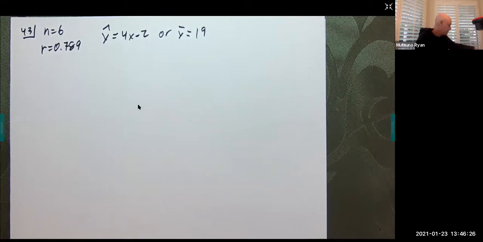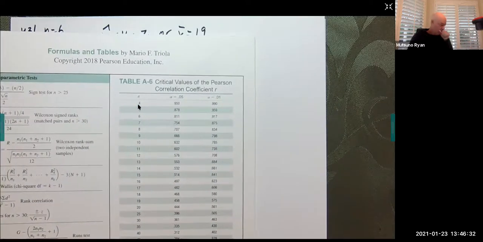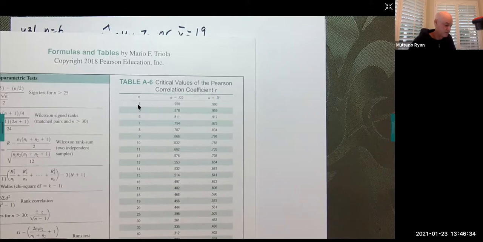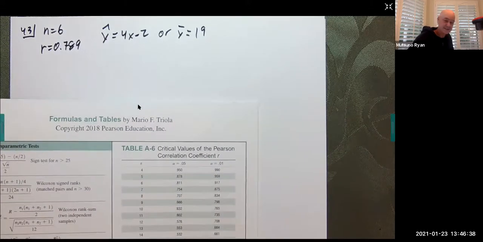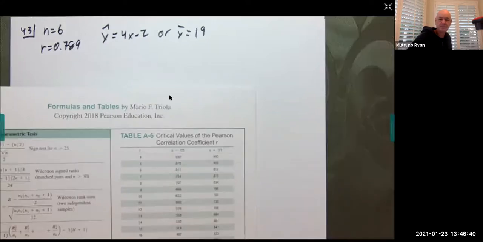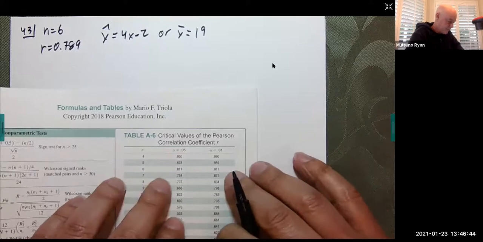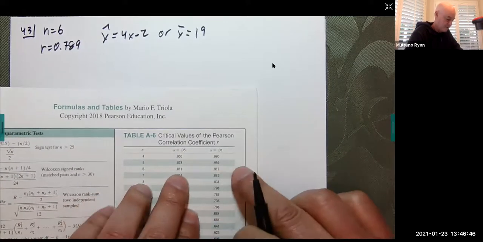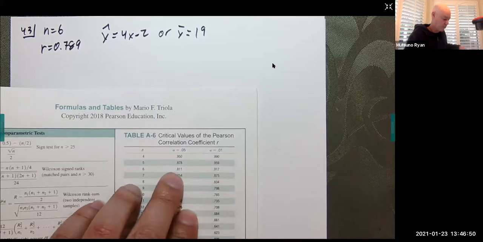All right, so we will need another table. We need this one here, the correlation coefficient, R. Once again, N is 6. And it doesn't give us an alpha, but I'm going to pick the smaller, or the less aggressive one, the 0.811.